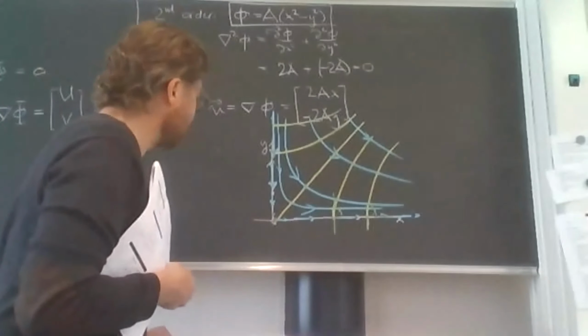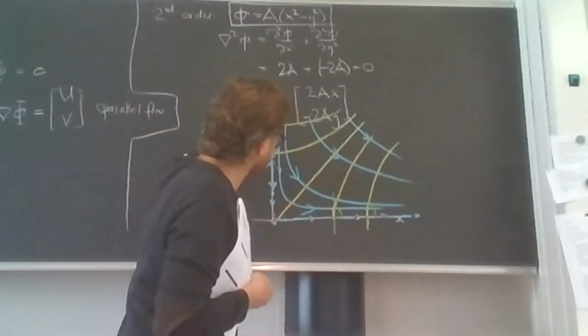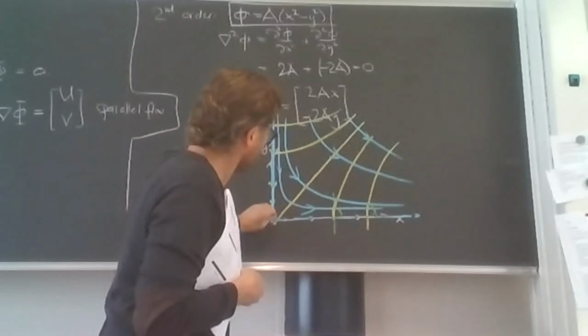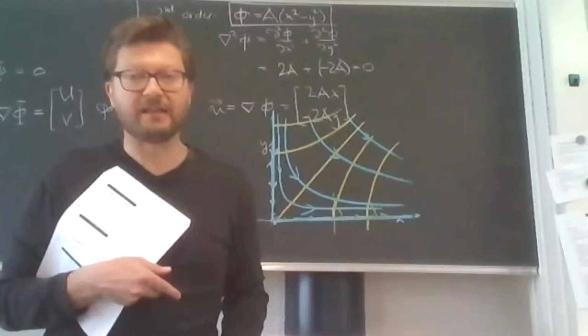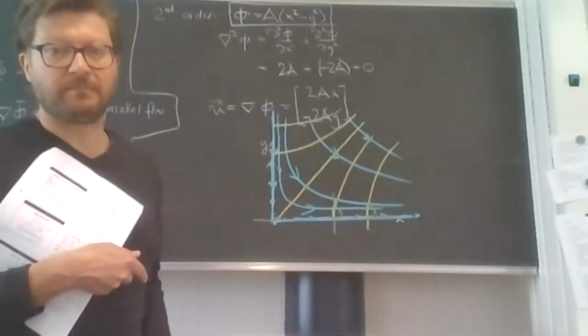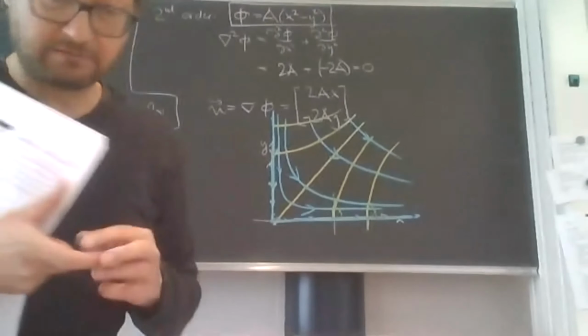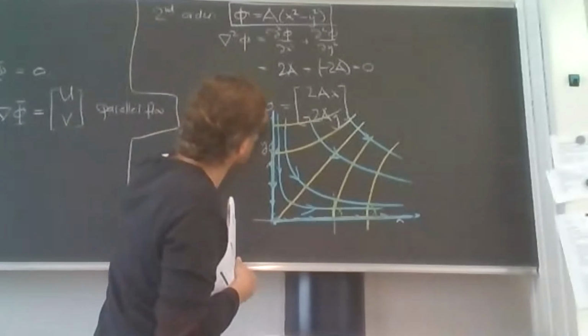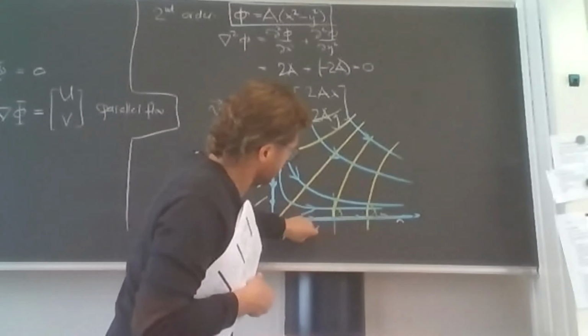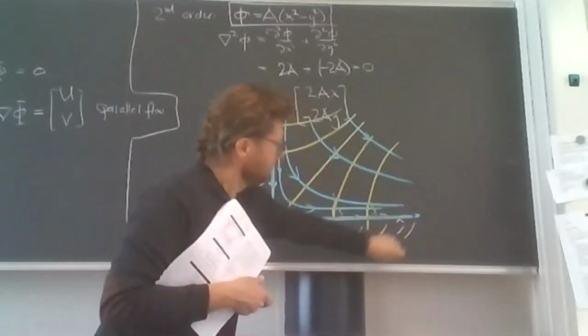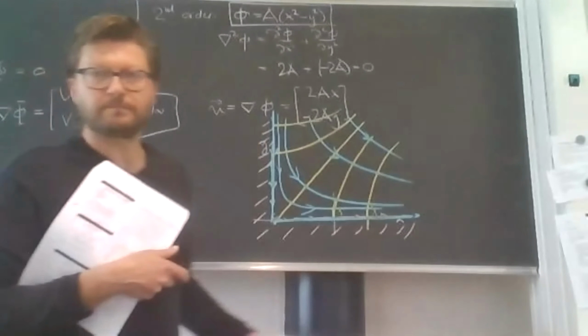And because the x-axis and the y-axis are both streamlines, they could also be a wall, right? We can consider this to be a wall.